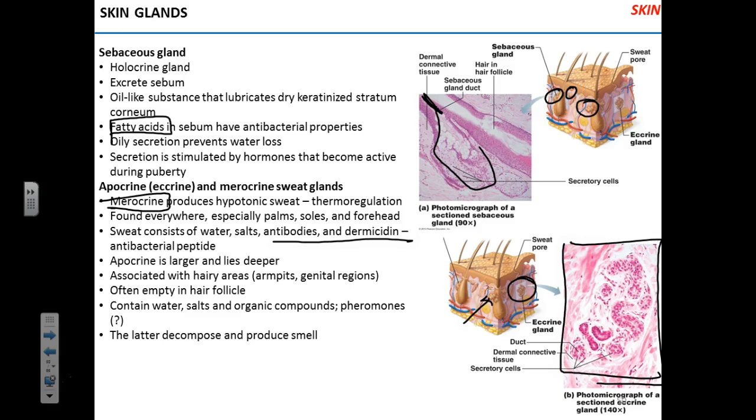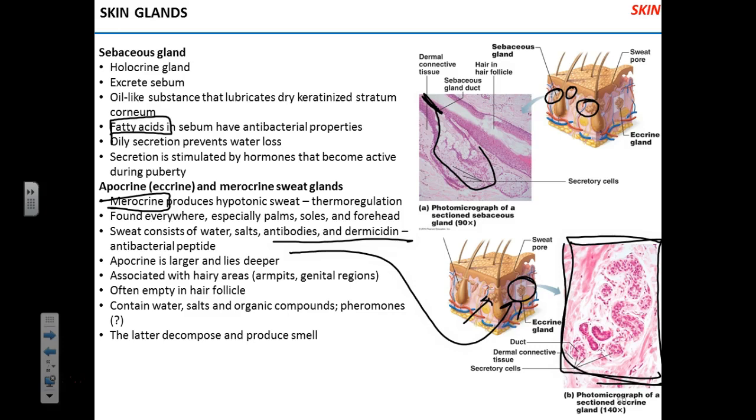Apocrine sweat glands, which are shown in this picture, so that's apocrine, they can be found mostly in the parts of the body like armpits and groin, and they produce stinky sweat. So apocrine cells, as you remember, they do not remain completely intact.